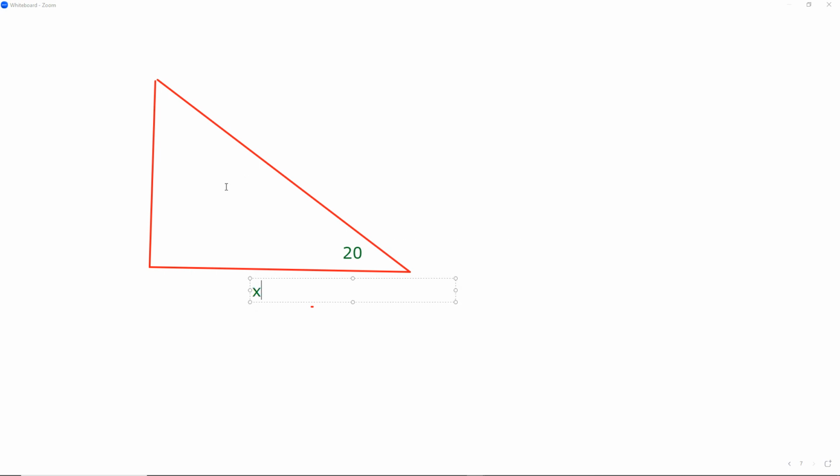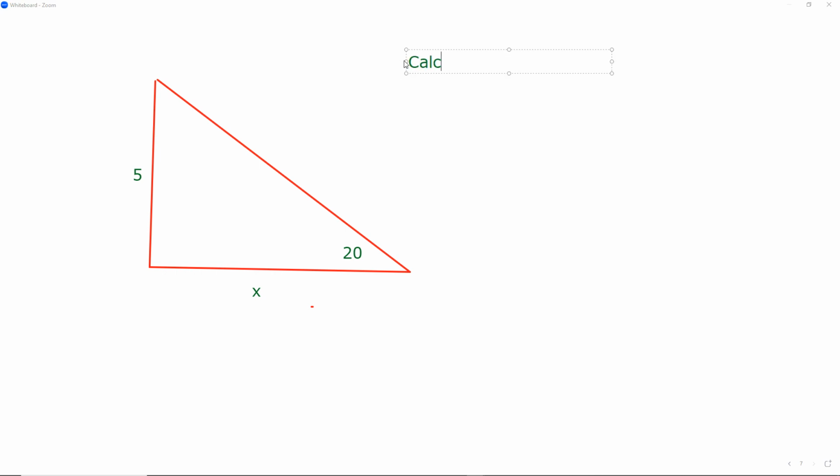Let's look at the third case when we have a triangle and we want to find, given this is, let's say, 20 degrees, x is, and y is given as 5, and the angle is 20 degrees.